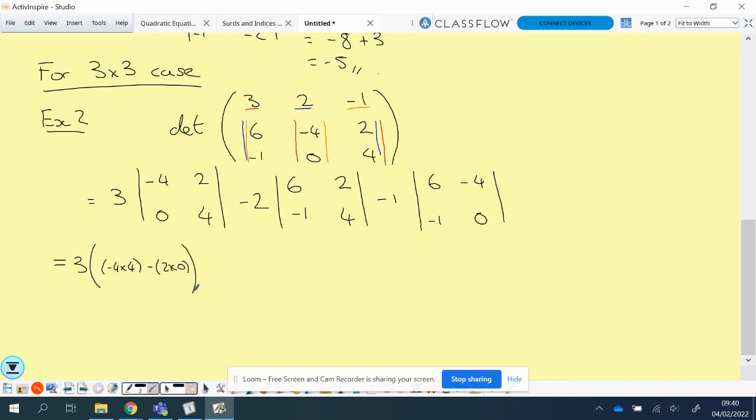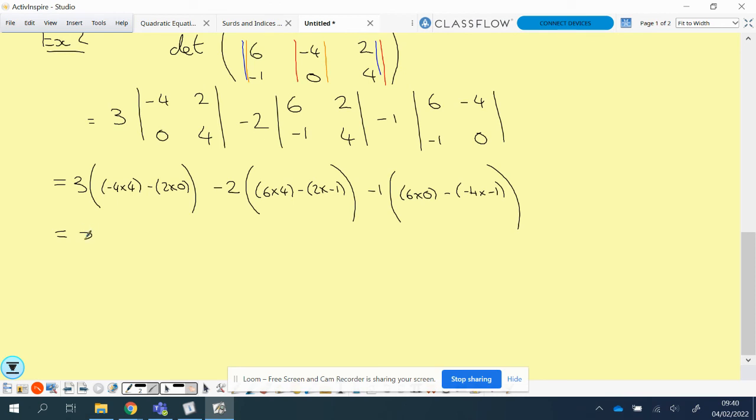The next one is going to have -2 outside, so it'll be 6 times 4, take away 2 times -1, and then -1, 6 times 0, subtract -4 times -1. Do you all see how I got those values in the brackets there? I just used the rule for the 2 by 2 determinant that we've seen before.